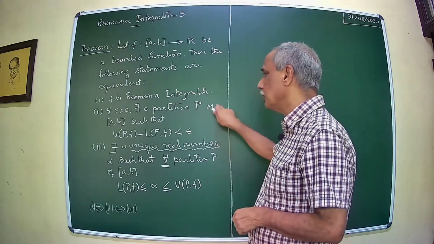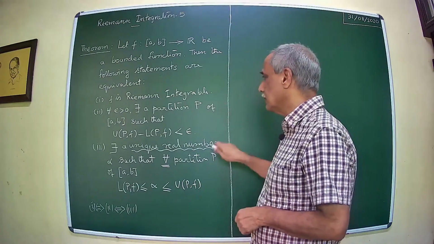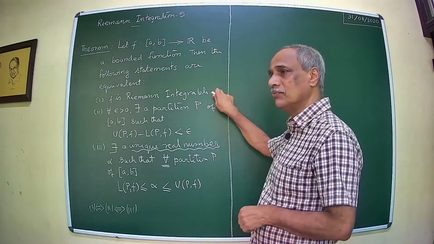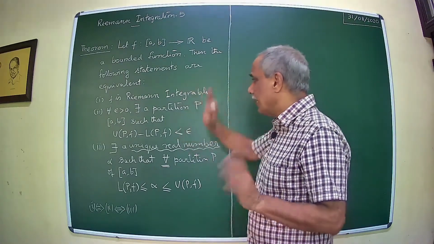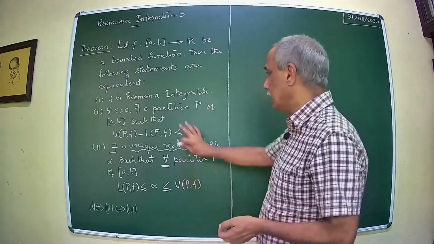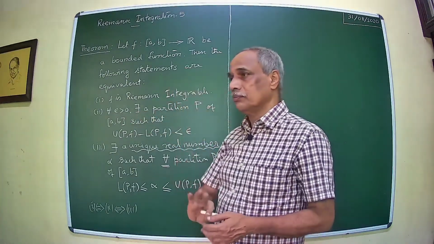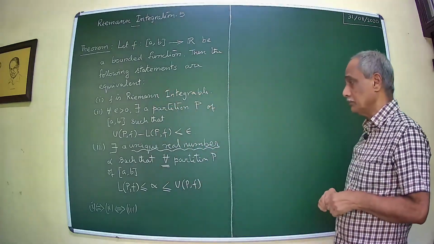Now, what is the importance of this statement? What is the use of this second statement? If you prove the second statement to be equivalent to the first statement, then you can make use of the second one to test whether a given function is Riemann integrable or not.